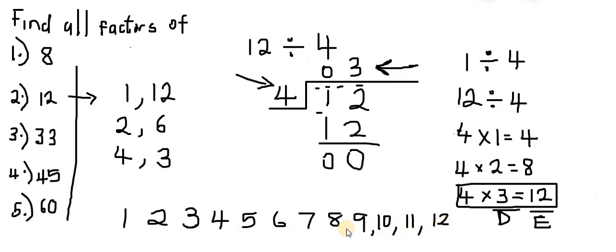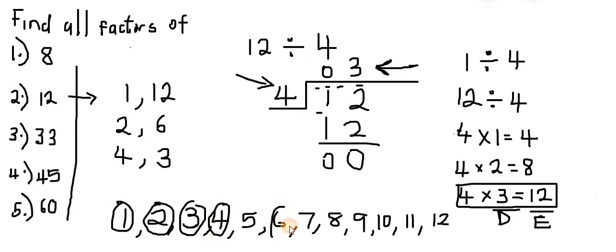Those are the numbers from 1 to 12. And we have concluded so far that 1, 2, 3, 4, 6, and 12 are factors of 12.